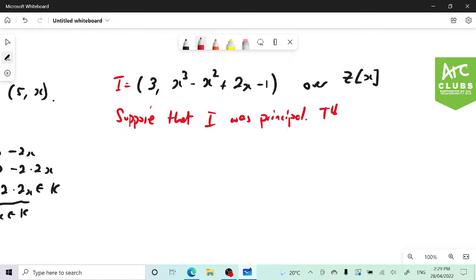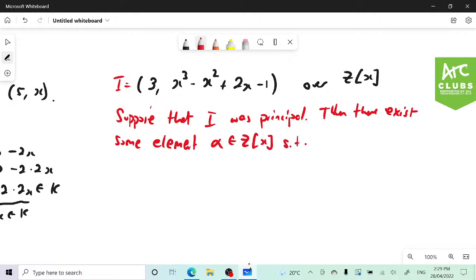Then there exists some element alpha that belongs in your ring, such that the ideal generated by alpha is precisely the same as the ideal generated by 3 and the polynomial here.